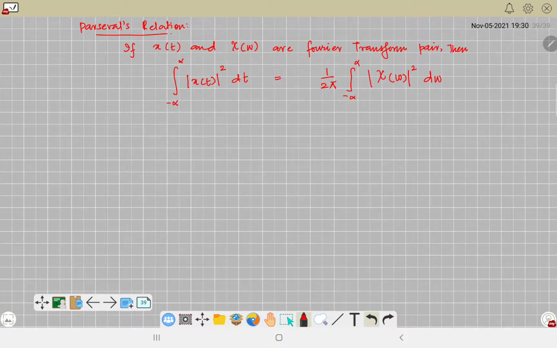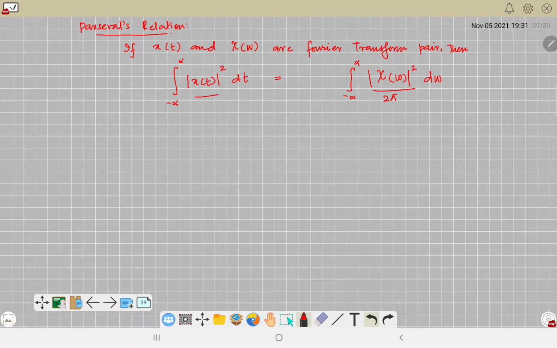And this is the relation. The term on the left hand side is basically the total energy in the signal x of t as calculated in the time domain. Parseval's relation states that this total energy may be determined either by computing the energy per unit time, x squared t, and integrating over all time, or by computing the energy per unit frequency, although 2 pi is outside, and integrating over frequencies.